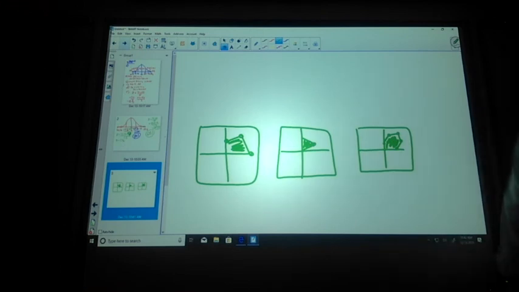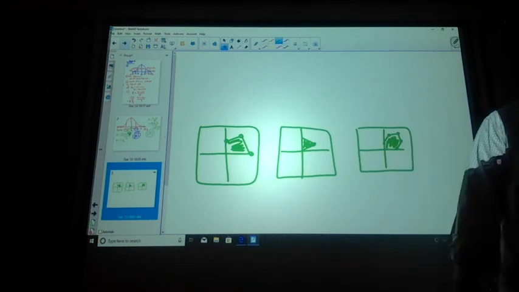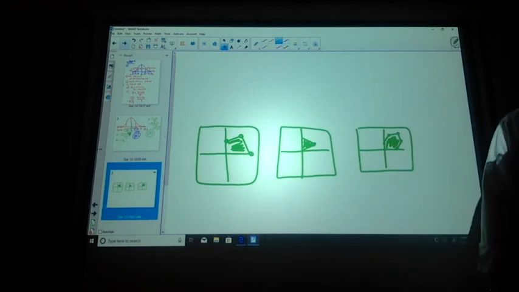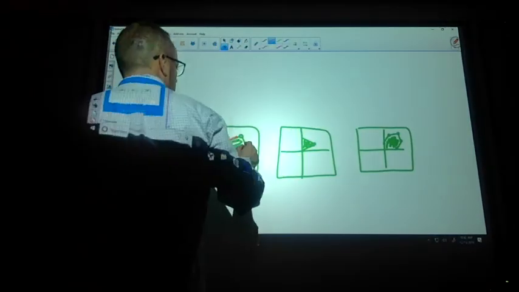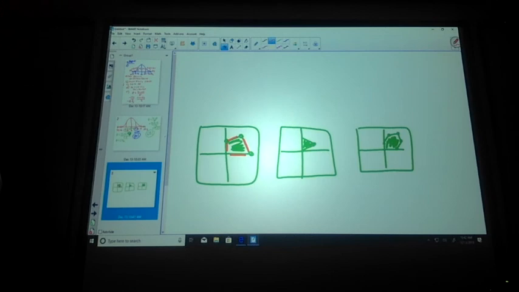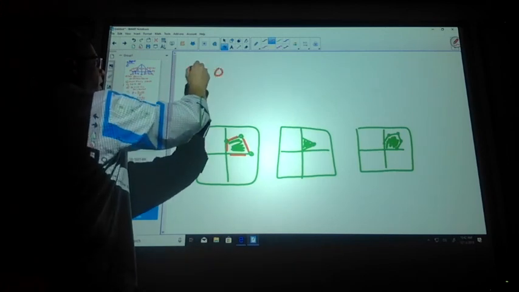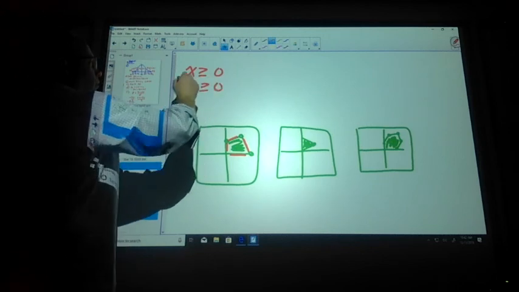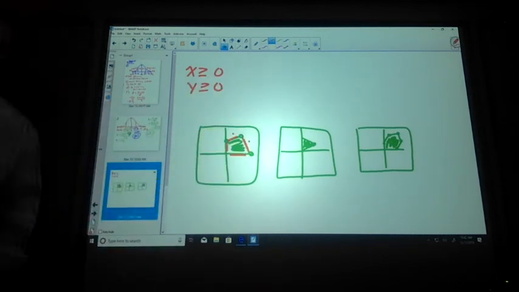How many equations would I have had to do this? Be very careful because you include the x and y axis. I have 1, 2, 3, 4. So this would be like x is greater than or equal to 0, y is greater than or equal to 0, and then you would have 2 more linear equations. Okay?